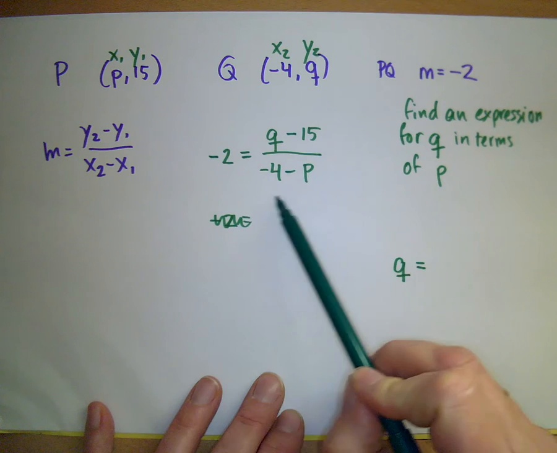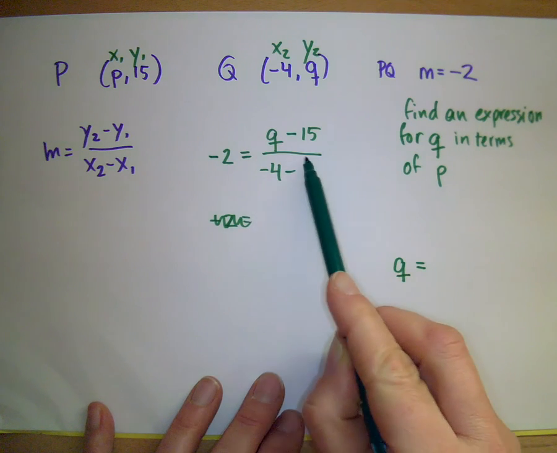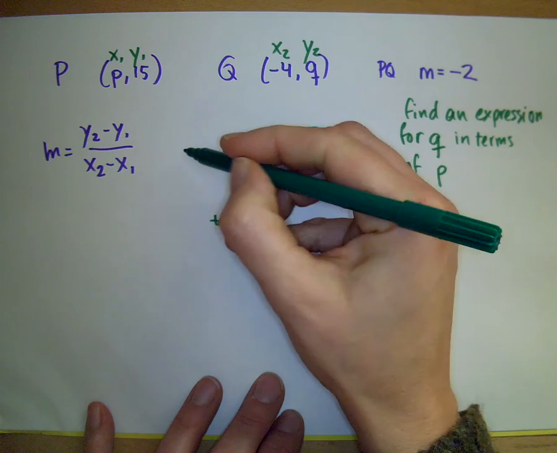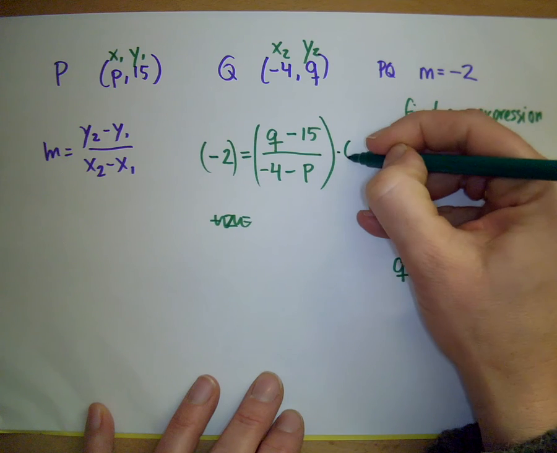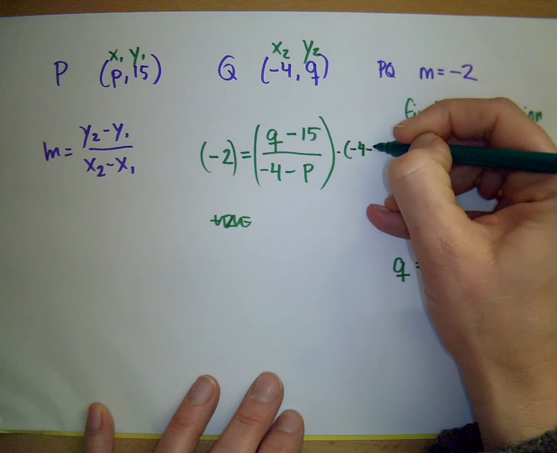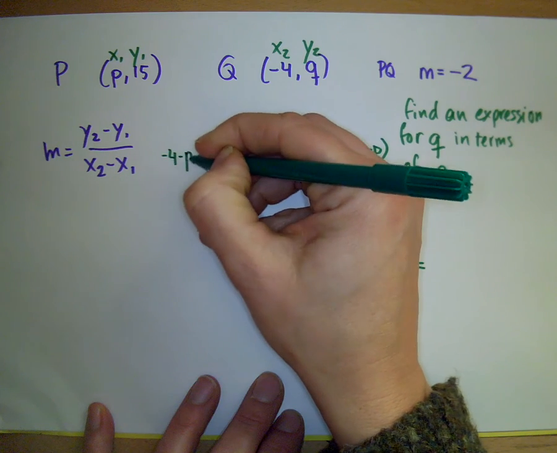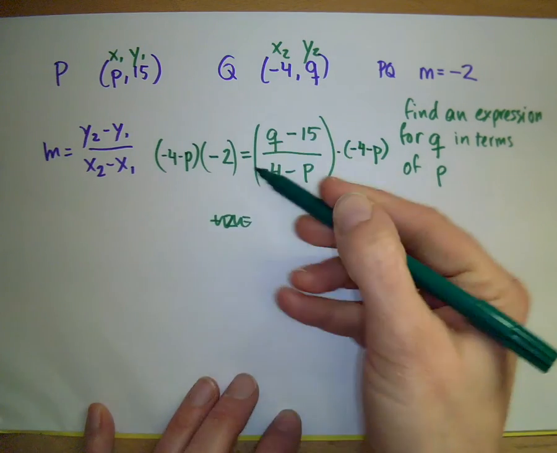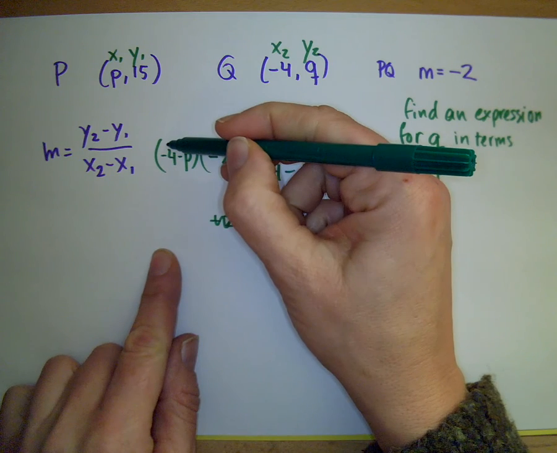Okay. We've got this. We want to get rid of this fraction bit, so we're going to multiply both sides by -4 minus p. I'm going to multiply. Okay. Expand.